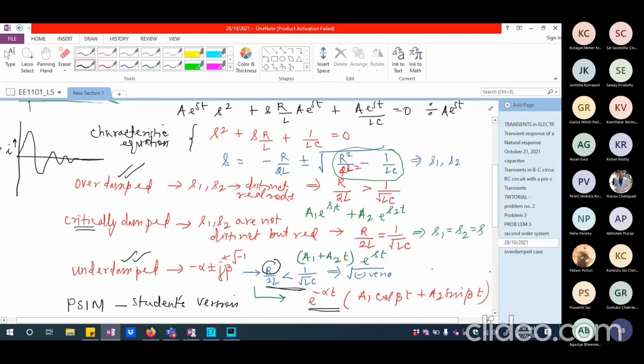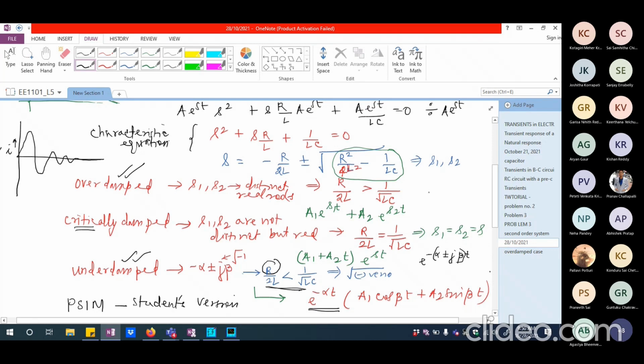Saying that we are going to have e power minus alpha plus or minus j beta t. This is what we were getting as the expression. This j is essentially because of the square root of a minus number. When we write the square root of minus 1, which is i, we are specifying it as j.